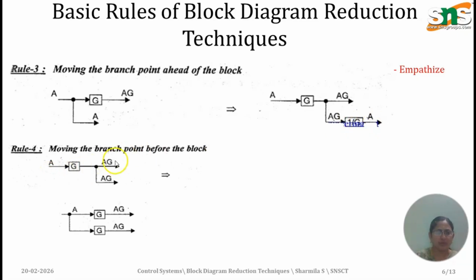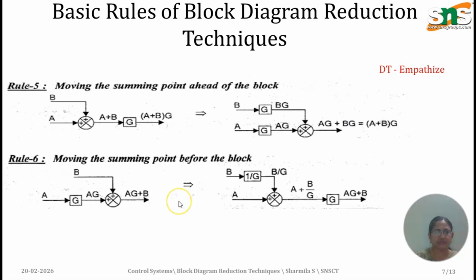Rule 4 is moving the branch point before the block. There is a gain block G and the branch point is after it, giving AG. If we want to move the branch point before the block, the branch point is at A, and we get the same outputs AG and AG. The fifth rule is moving the summing point ahead of the block.